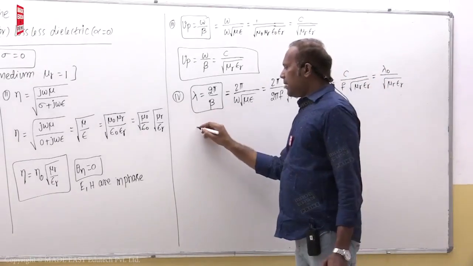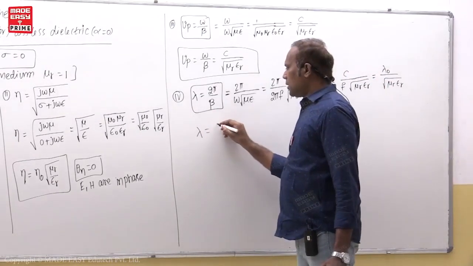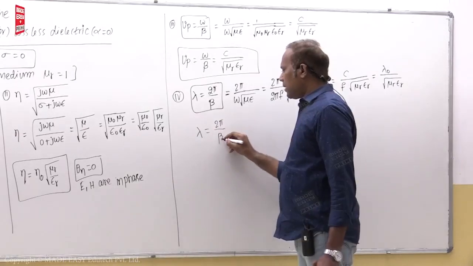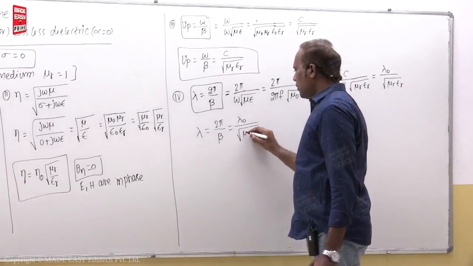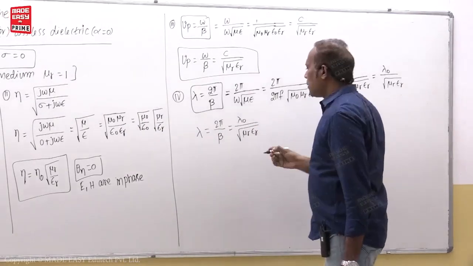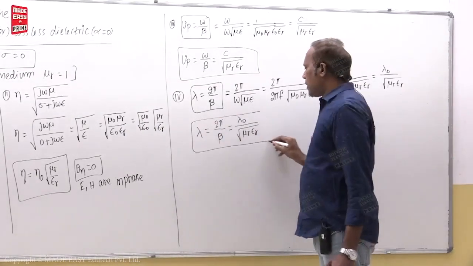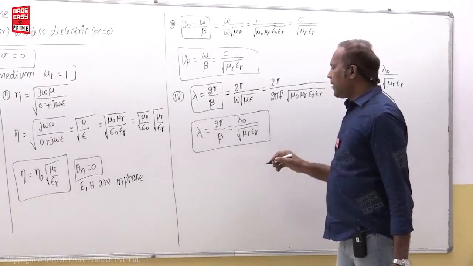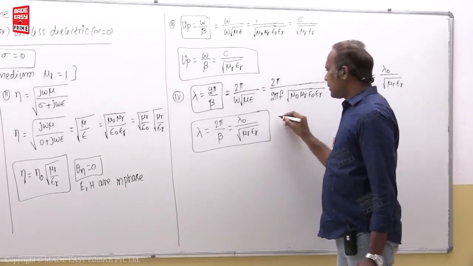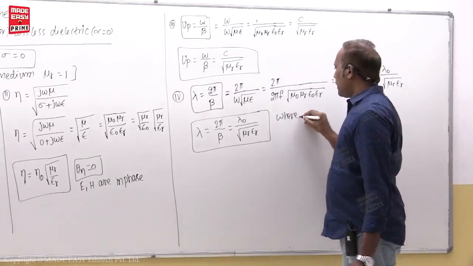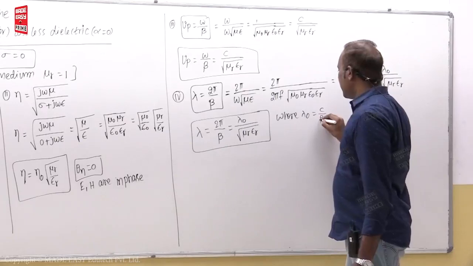Actually for this medium, lambda is equal to 2 pi by beta is the formula, and you get lambda naught by root mu r epsilon r. So this is also an important formula, dear students. For a dielectric medium, they give frequency. This means, because lambda naught I will write here, where lambda naught is equal to c by f.